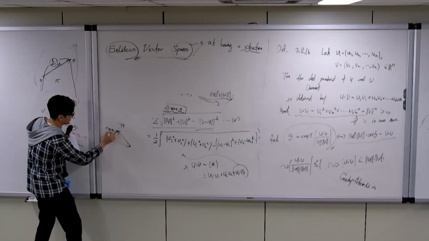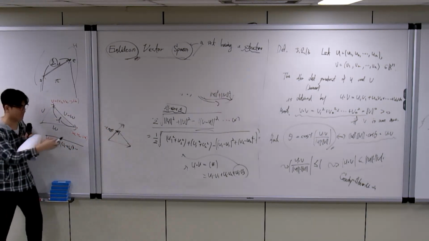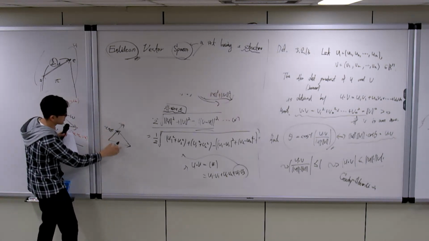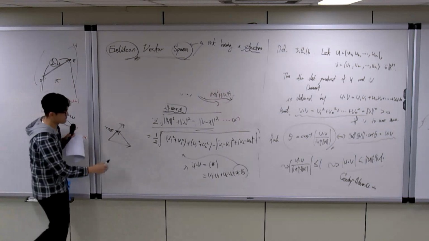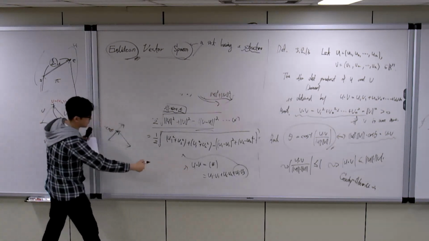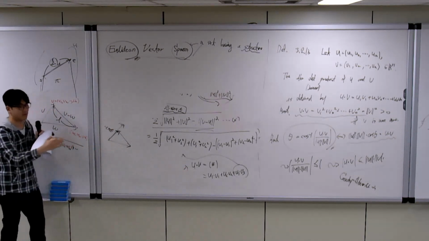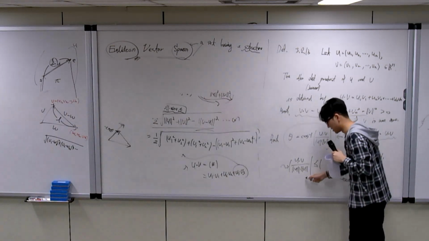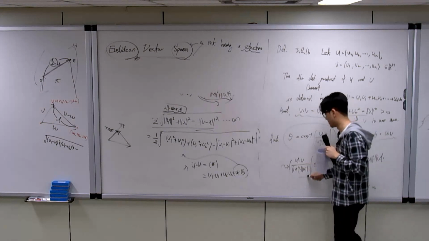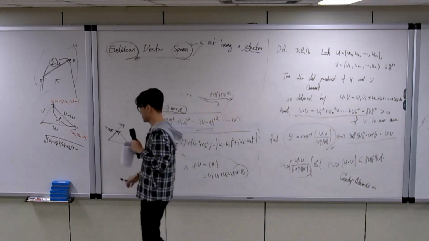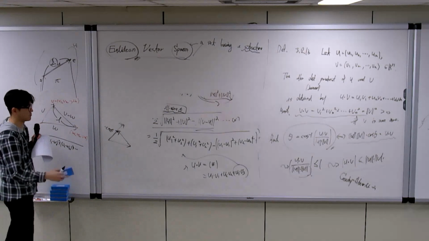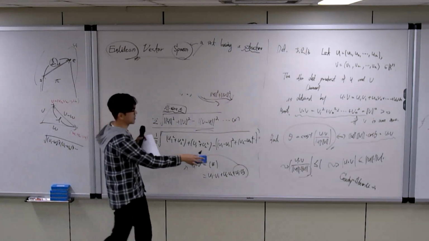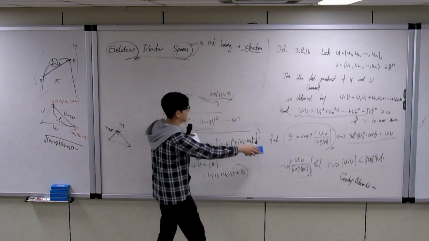It will calculate cosine theta, and so the length is less than this, and so the norm will give a shorter value, a smaller value than the product of the norms. So if you use projection, then you can prove the inequality.